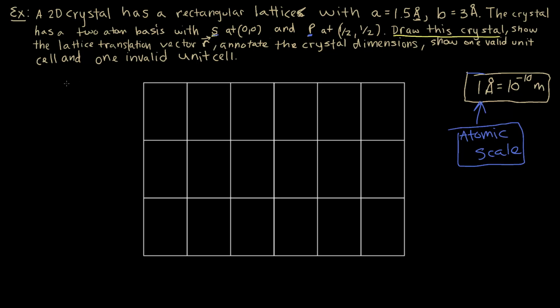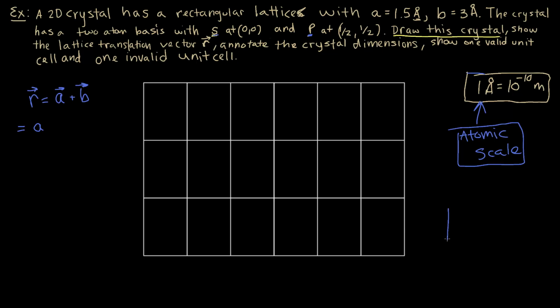I think the first thing we should do here is draw the lattice translation vector R. So we can remember the definition for a rectangular lattice. It's going to have some vector A plus some vector B. And this is arbitrary. This is just the way we've been working through these problems.